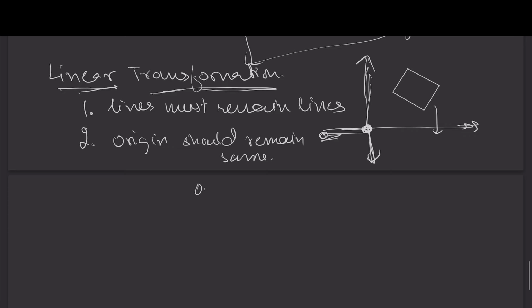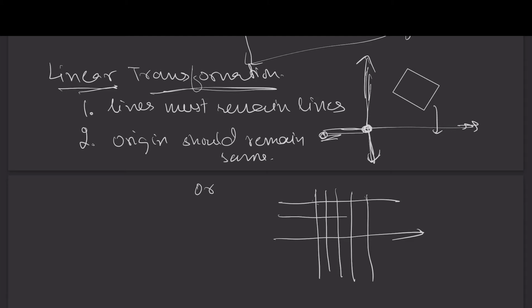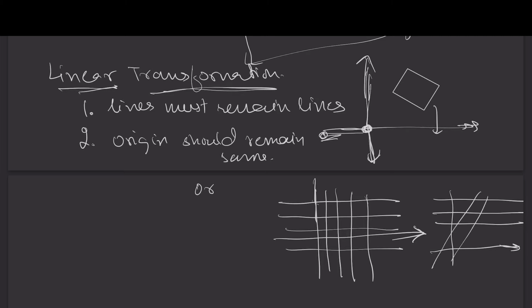Or instead of these two points, we can also simply say that the grid lines of the space must remain parallel and evenly spaced. For example, if we have this coordinate axis and we draw the grid lines like this, even after applying a transformation that does something like this to the space, these grid lines must remain parallel.